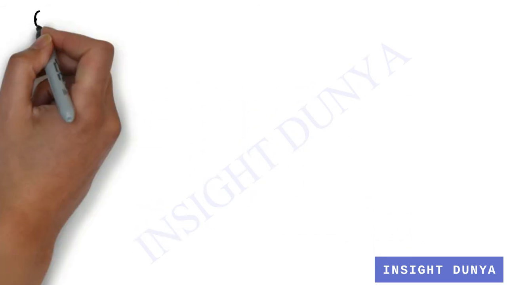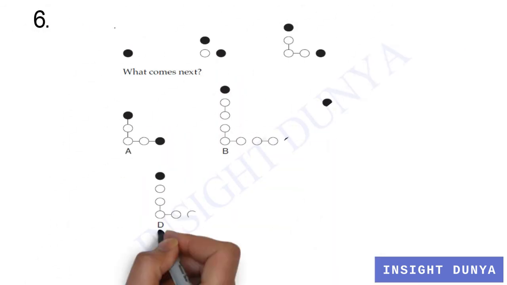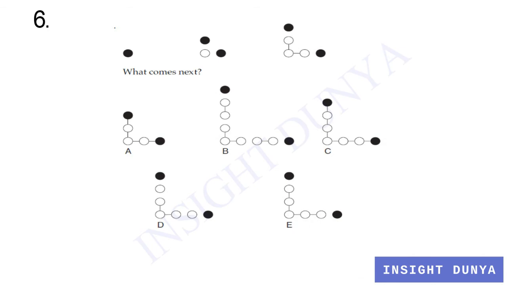Question number 6. Looking at the top 3 shapes of this figure, first there is a black dot, and at the second stage there are two black dots and one white dot, and at the third stage one white dot is connected to the first white dot vertically and one white dot is connected to the first white dot horizontally, while the number of black dots is the same as the number of black dots at stage 2.